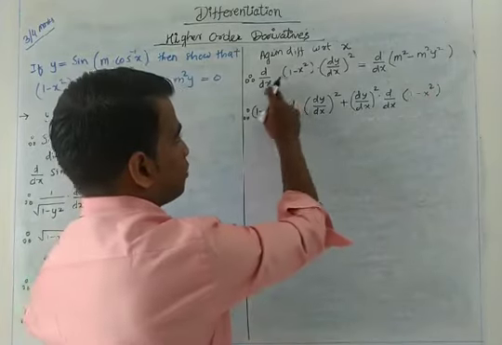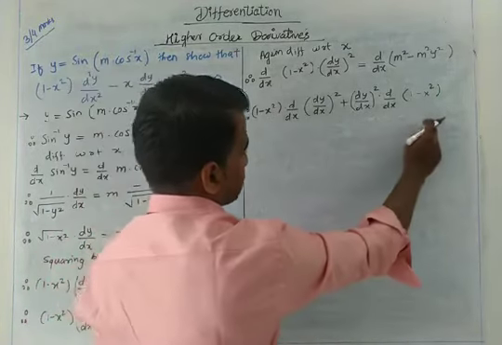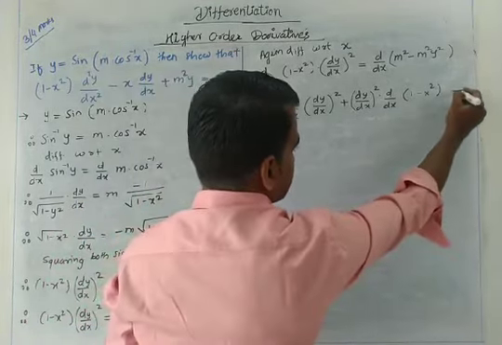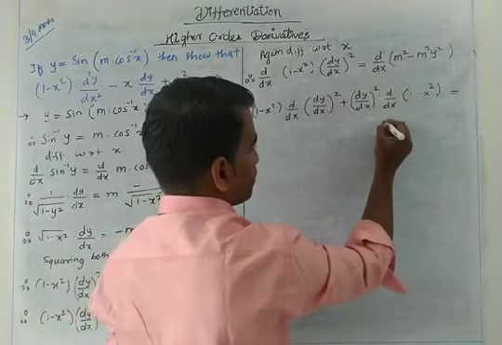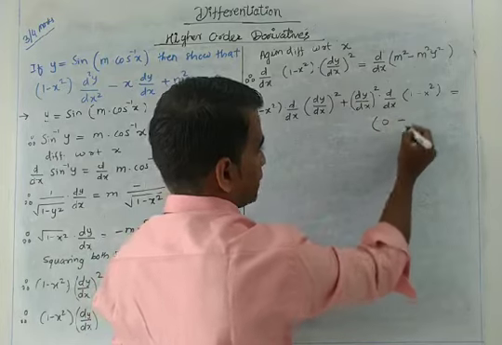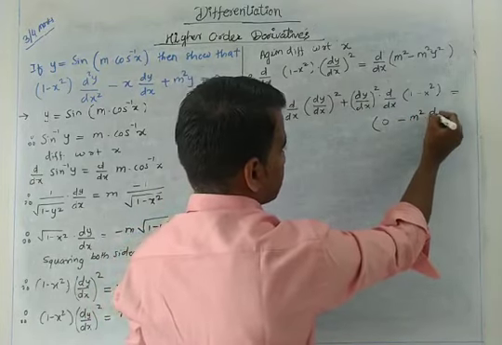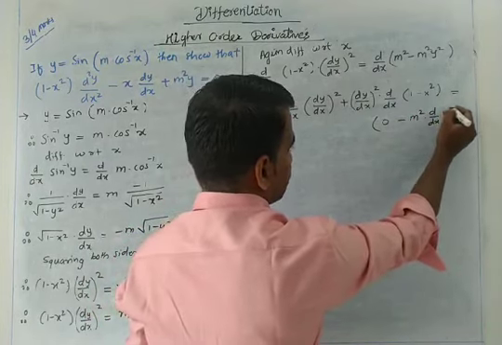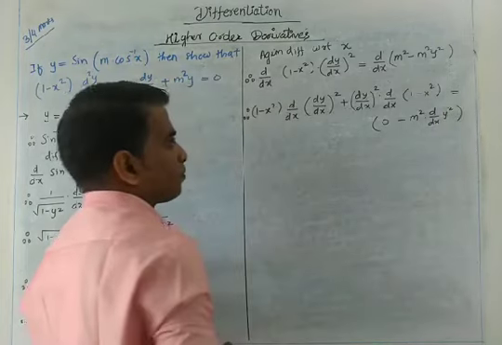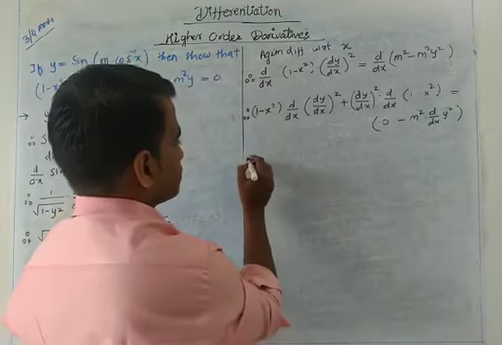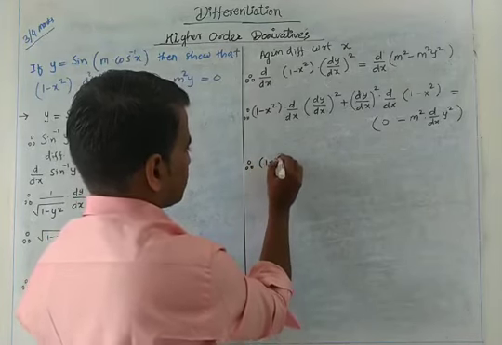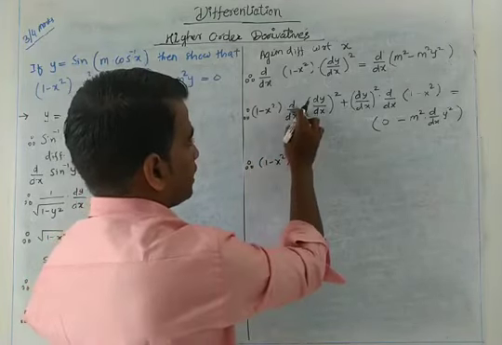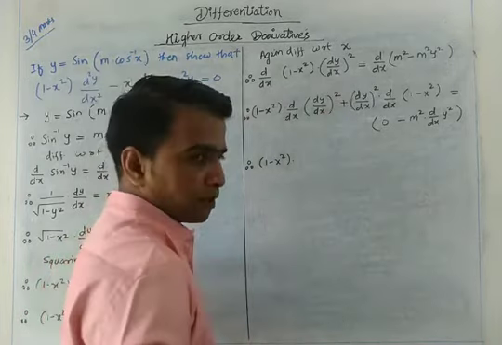See this step of the left-hand side, this is the equation. Now the right-hand side derivative: d/dx of m² is 0, minus m² times d/dx of y². Now simplification: (1 − x²) times d/dx of (dy/dx)².